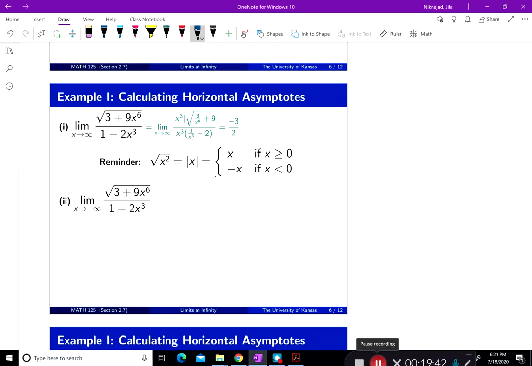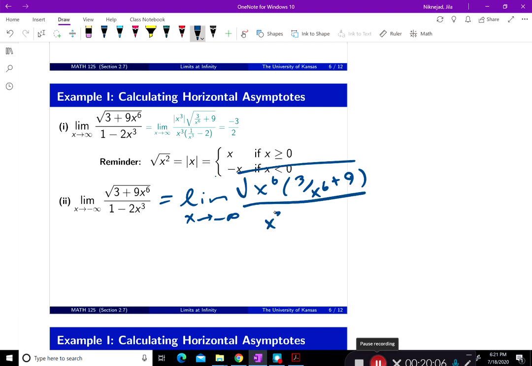So if you're finding the other horizontal asymptote, if it exists, of this one, we're going to follow the same routine basically. It's a form infinity over infinity, and we factor out x to the power 6, ending up with this, and x cubed, ending up with this.